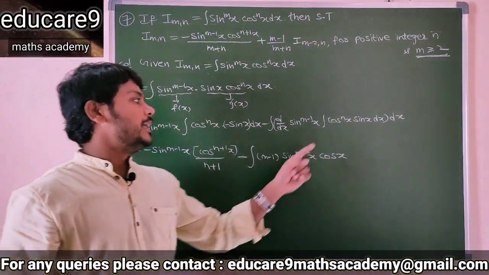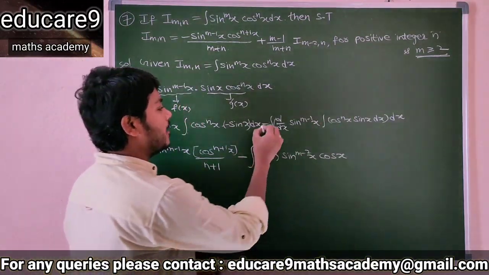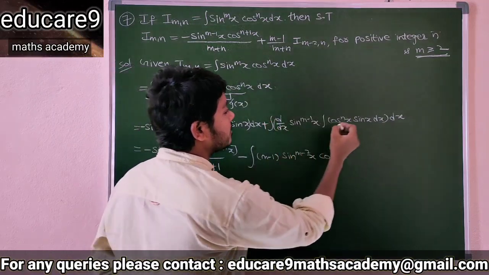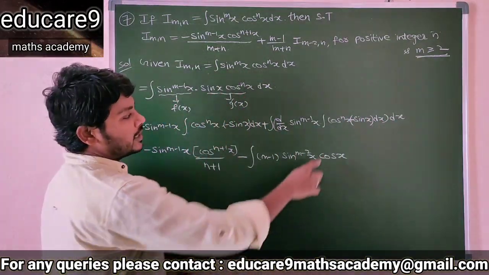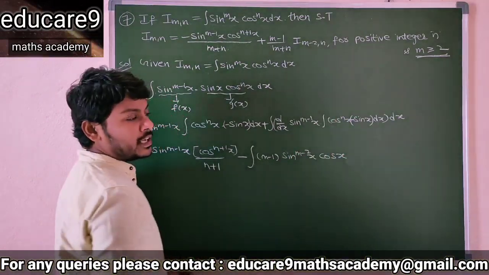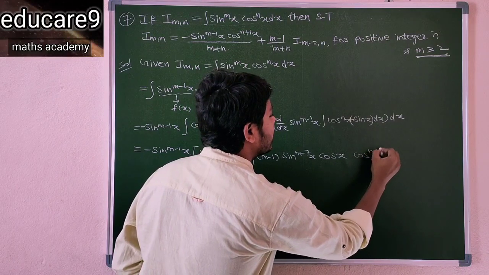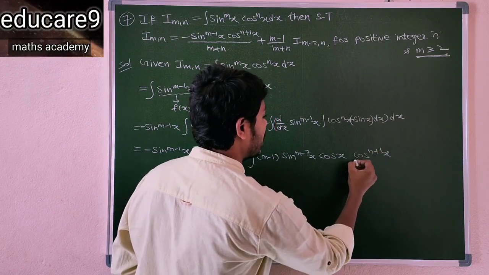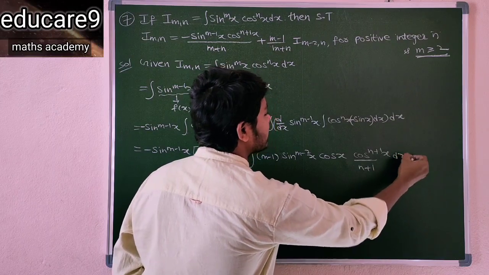Okay. Now integration of cos^n x sin x. So here also multiply and divide by minus. Okay. Now it is the form of f(x) whole to the power n into f'(x). So this can be written as cos^(n+1) x by n plus 1 dx.